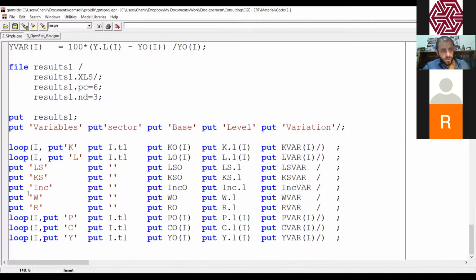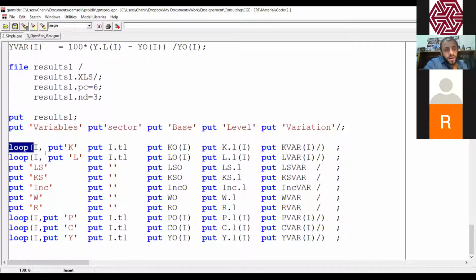And now we will introduce a new command in GAMS, which is the loop command. The loop command tells GAMS that you have to run a certain command over the sets that has been declared in the beginning. And the set that has been declared in the beginning is the set I of goods.